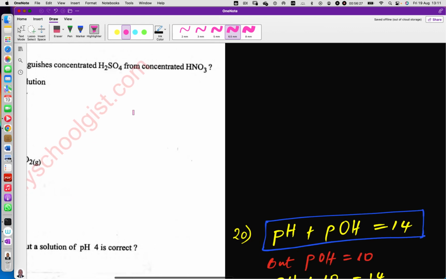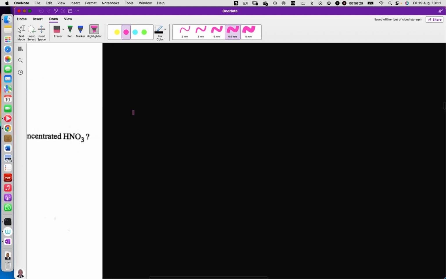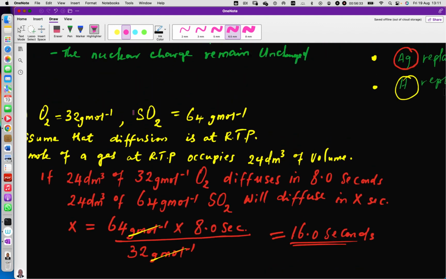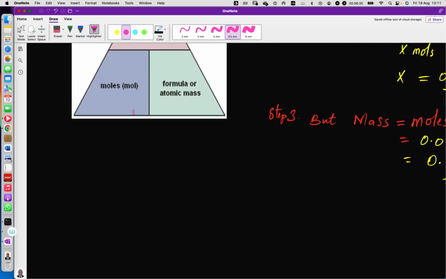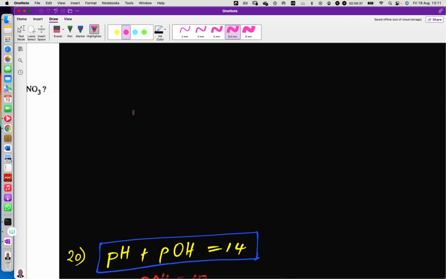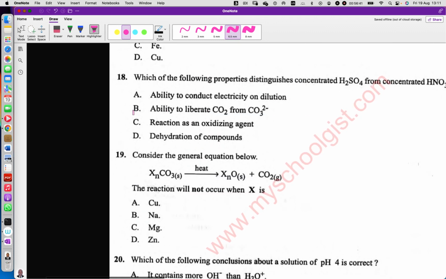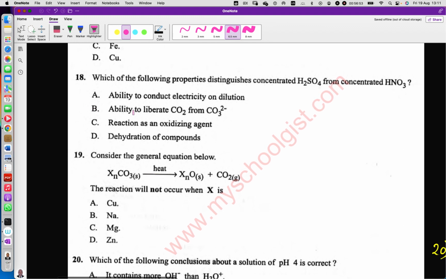So we can conclude that ability to conduct electricity on dilution, I don't think so.